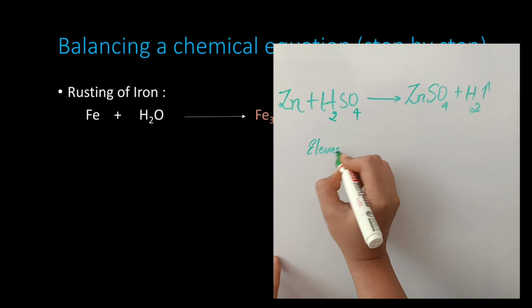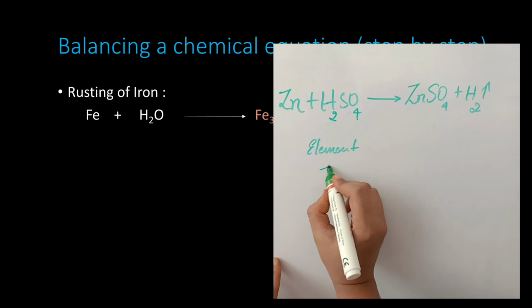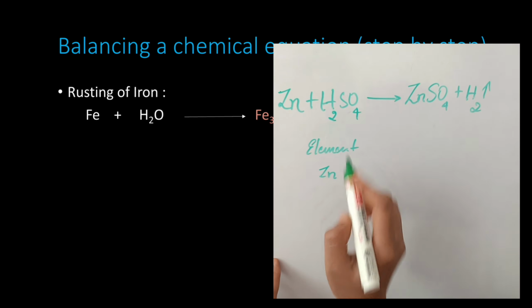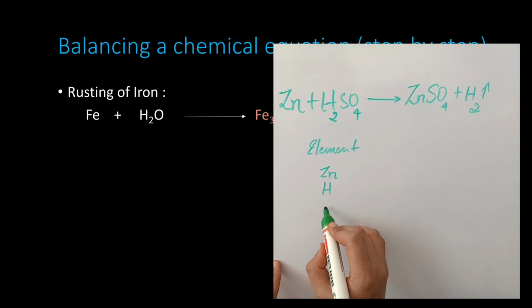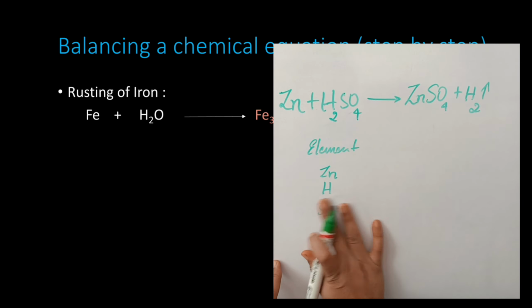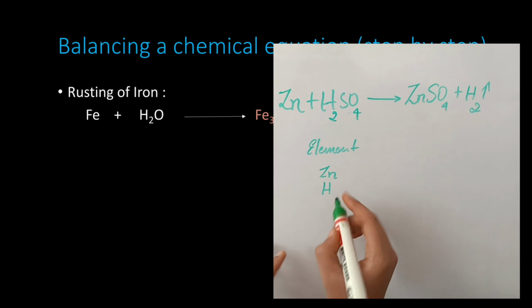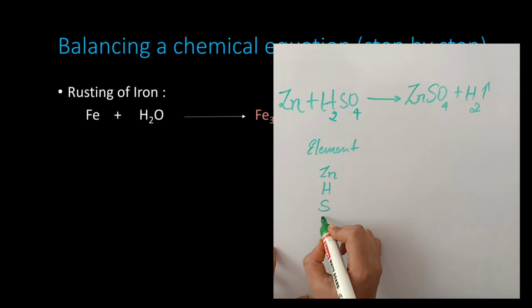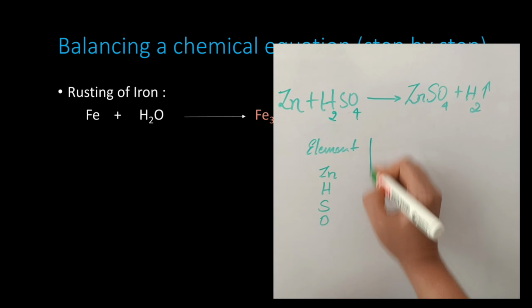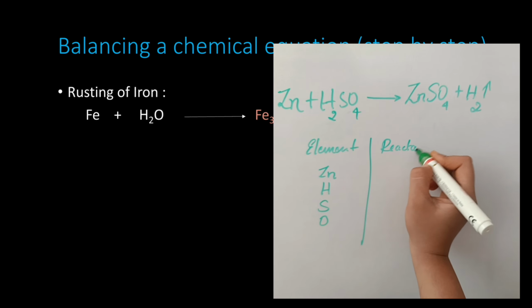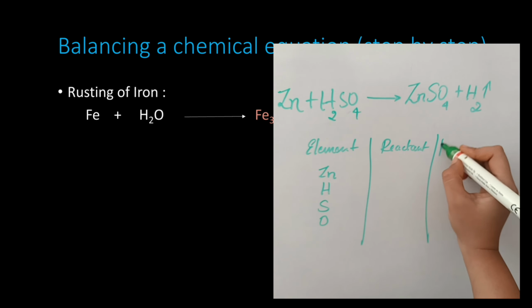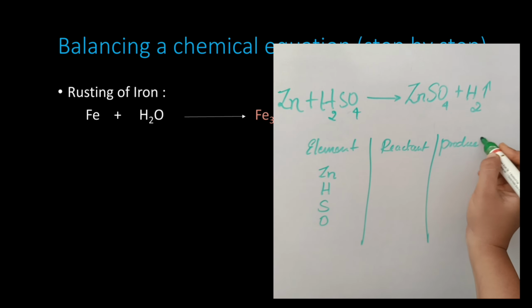What do you do? First write the elements present. You have Zn, you have hydrogen, and here you can collectively write it as SO4, or you can write sulfur and oxygen. Write their elements on the reactant side and on the product side.